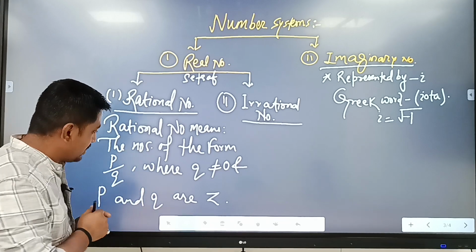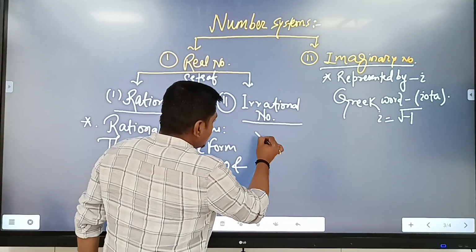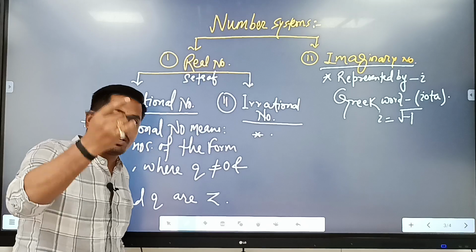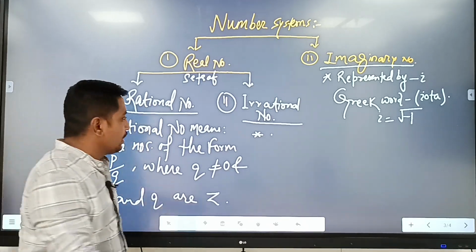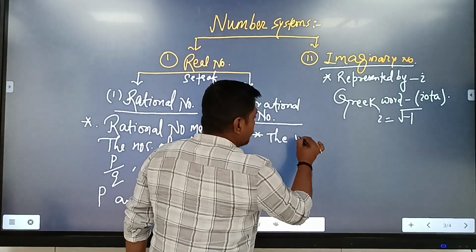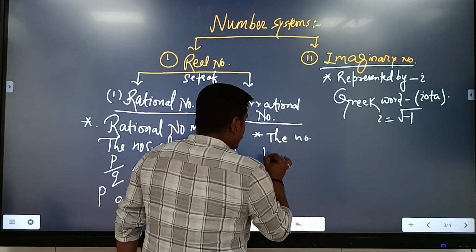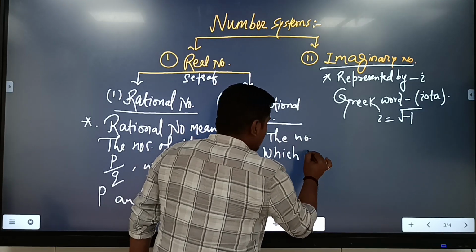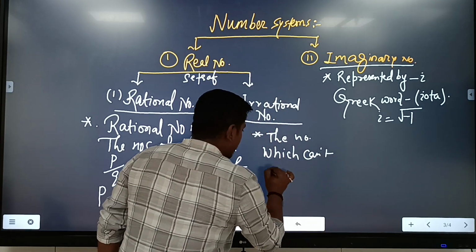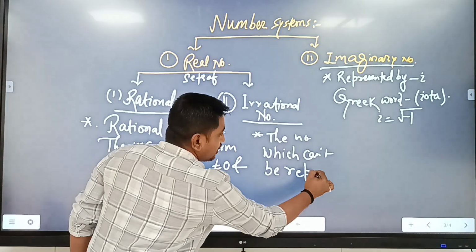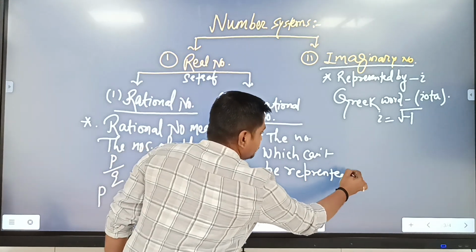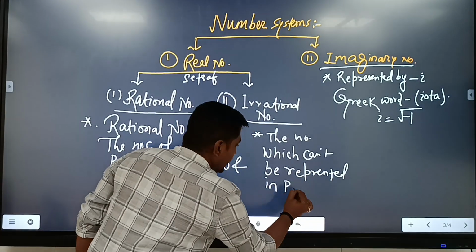Now irrational number, simply we can say that the number which can't be represented in p by q form.